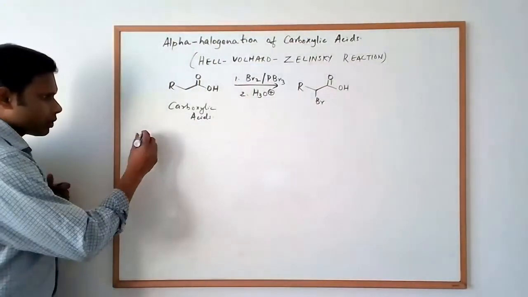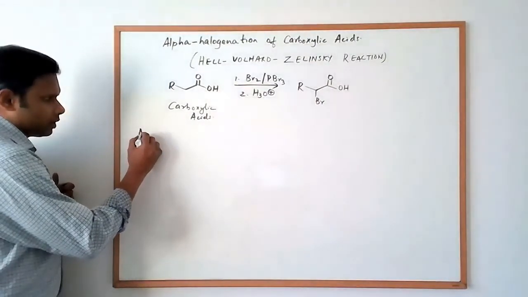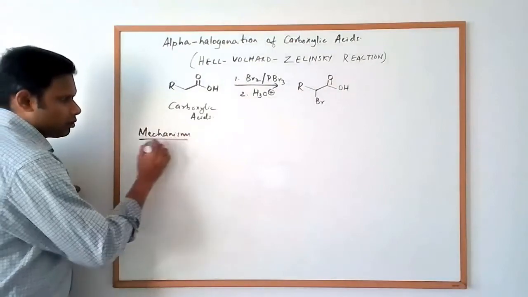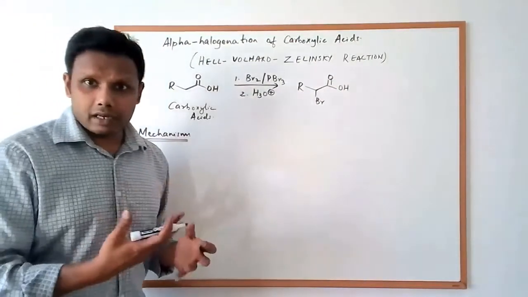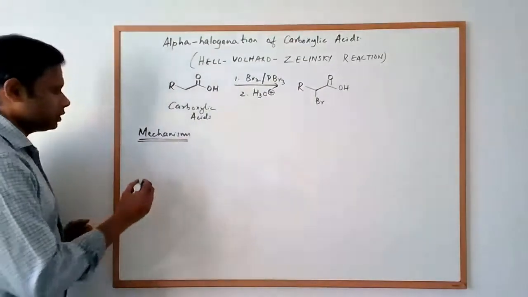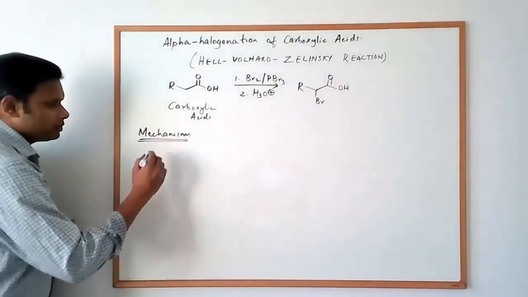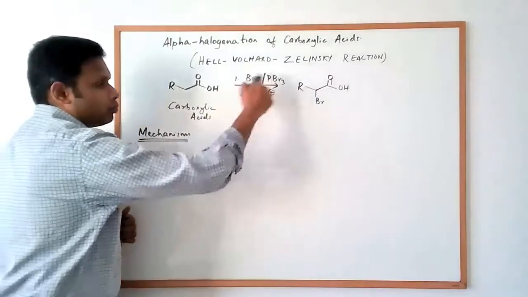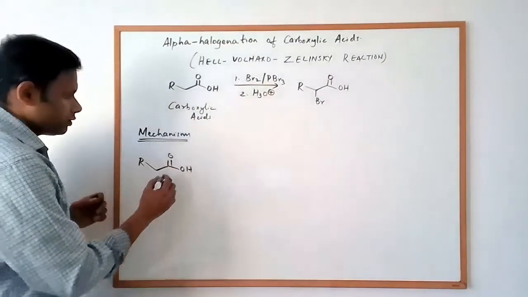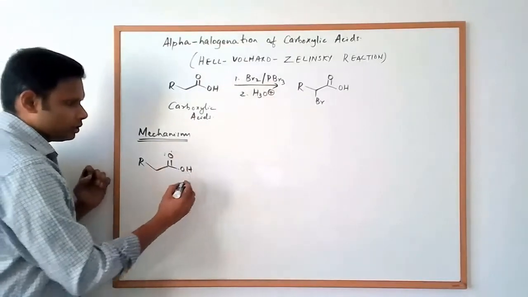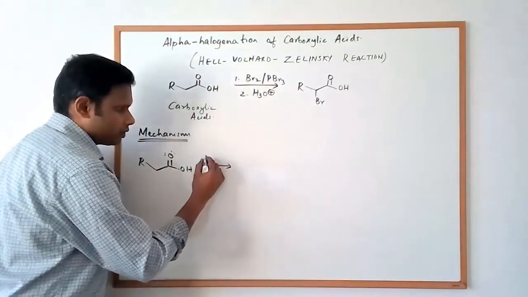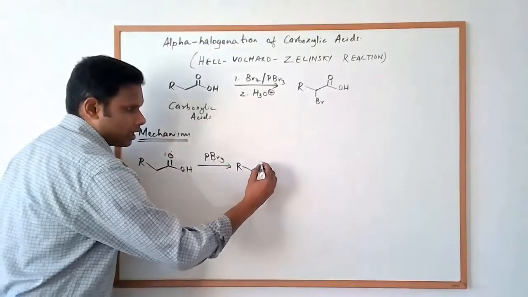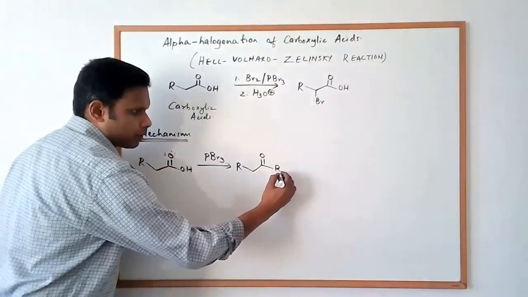So let's look at what is going on here. We're not going to work through a complete mechanism, but rather go through the skeleton of what's happening in the reaction. When you have this combination of bromine with PBr3, the phosphorus tribromide first converts your carboxylic acid into an acyl bromide.